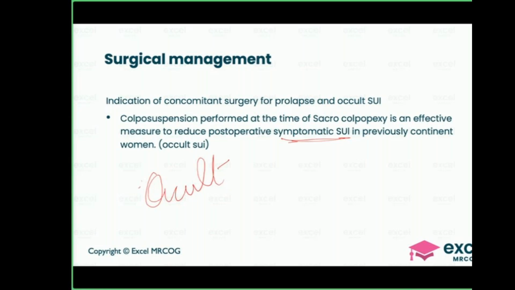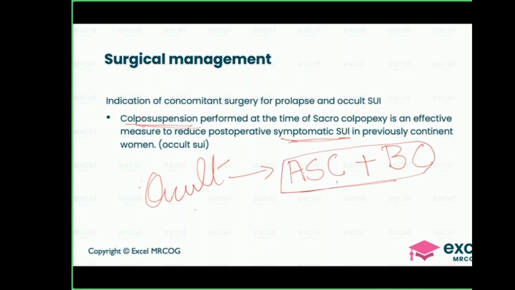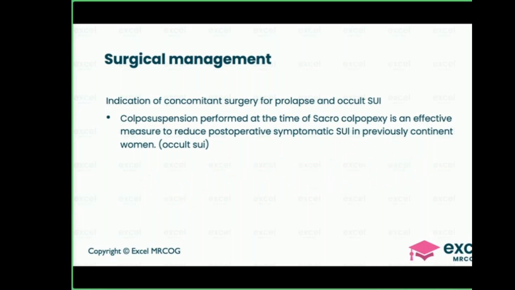If there is occult SUI, you can consider doing an abdominal sacrocolpopexy for the wall prolapse plus Burch colposuspension. Because studies have shown that this may help. That is why for occult SUI this is what is done.